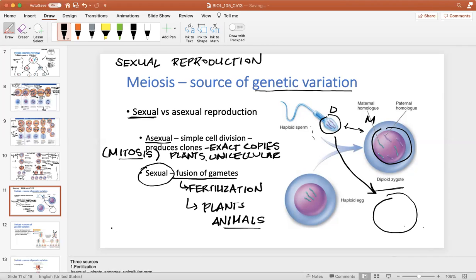Now, why would this be important? Think to yourself, why would a population want to have a lot of different organisms with different genetic makeup?